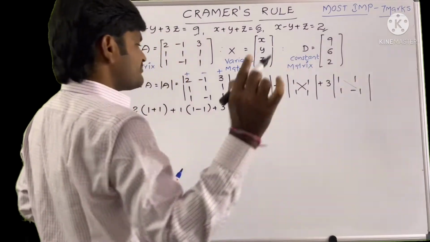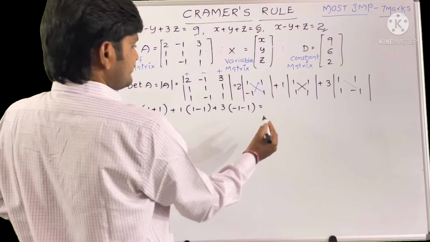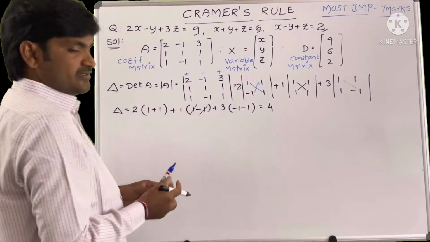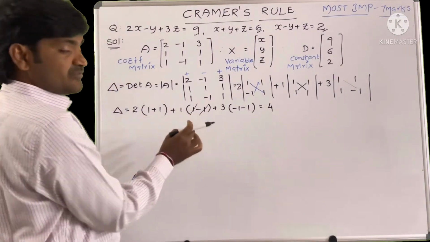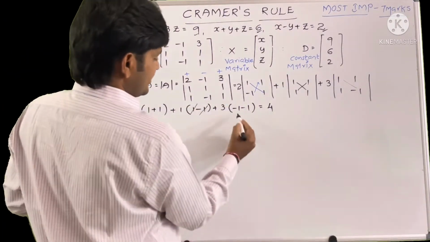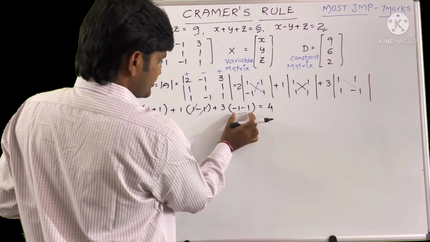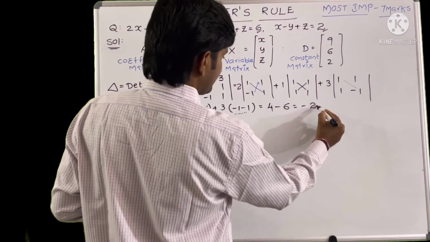Okay. And now the simplification. 1 plus 1 is 2. 2 2s are 4. This 1 cancels, because this is minus 1, cancel. 0 into something is 0 and remaining here minus 1, minus 1, minus 2, minus 2, 3s are minus 6, that is minus 2.